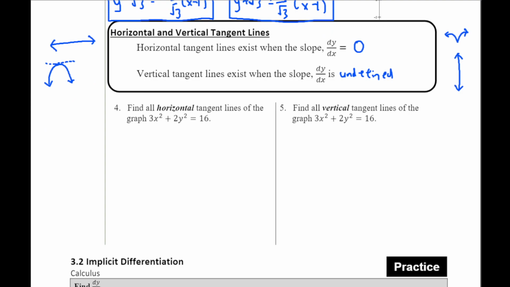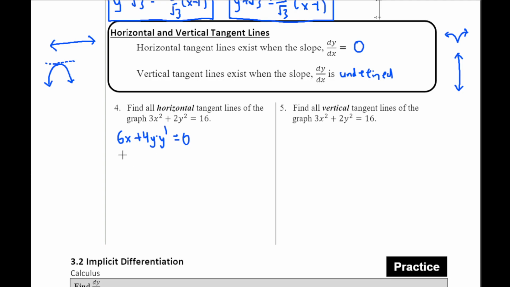All right, find all horizontal tangent lines of the graph 3x squared plus 2y squared equals 16. So what we want to do is find when dy/dx is equal to 0. Let's implicitly differentiate this first. 6x plus 4y times y prime equals 0.